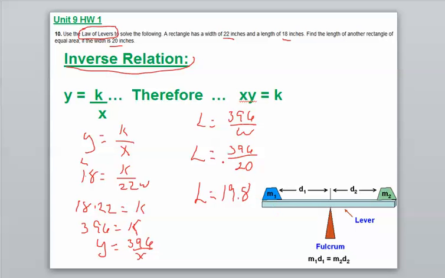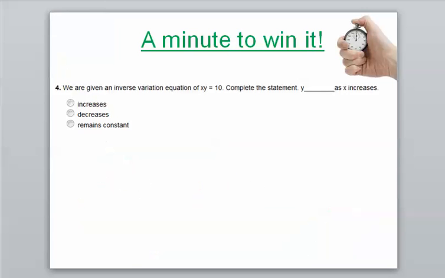Cool? Good. I'm glad you're seeing how that looks. Okay. Another question you might see. If you're given an inverse variation equation, xy equals 10, complete the statement. Let's see here. That means y is going to be equal to 10 divided by x.